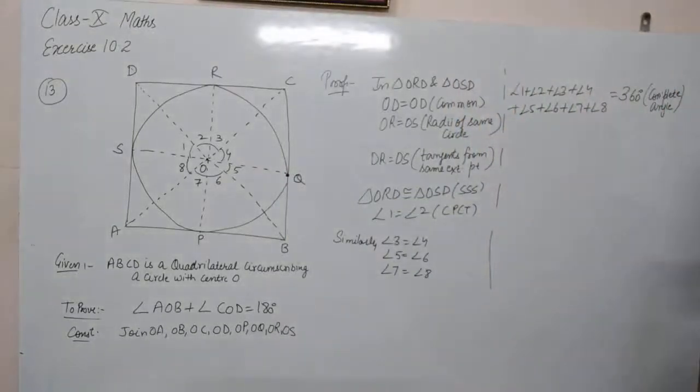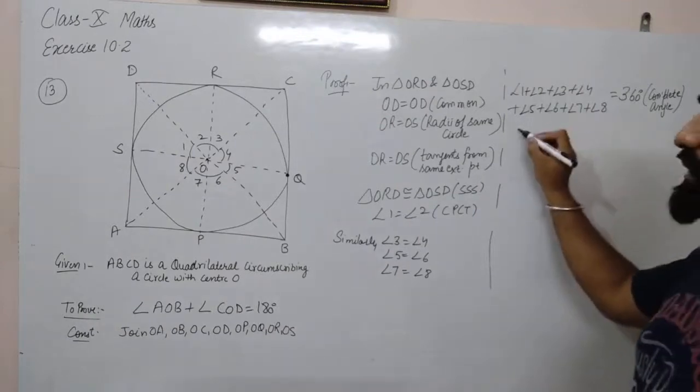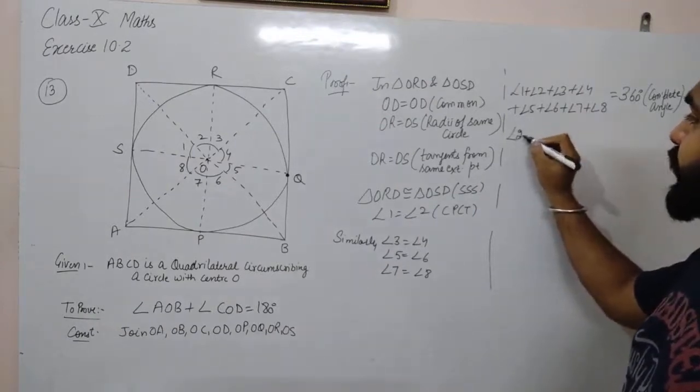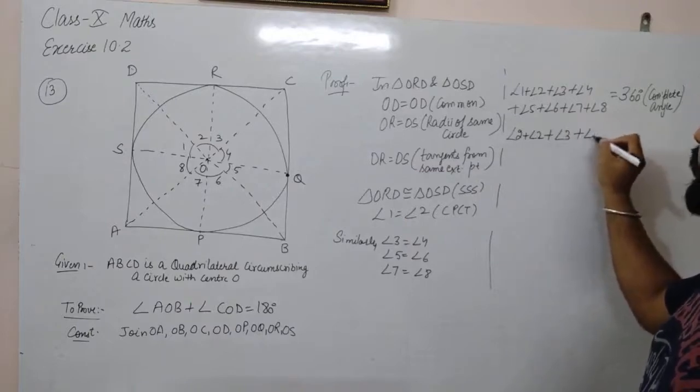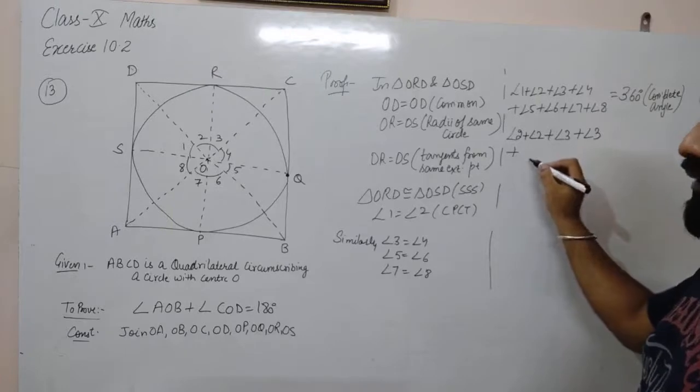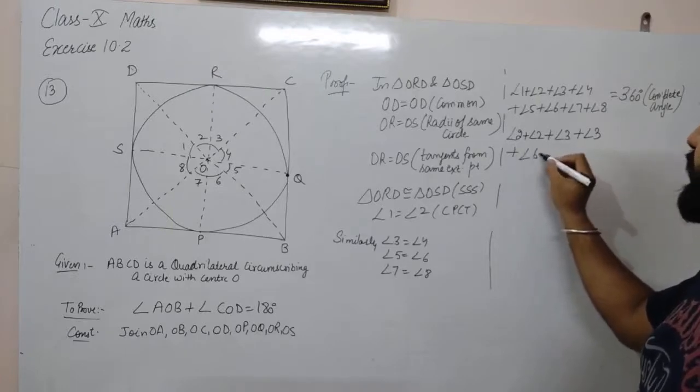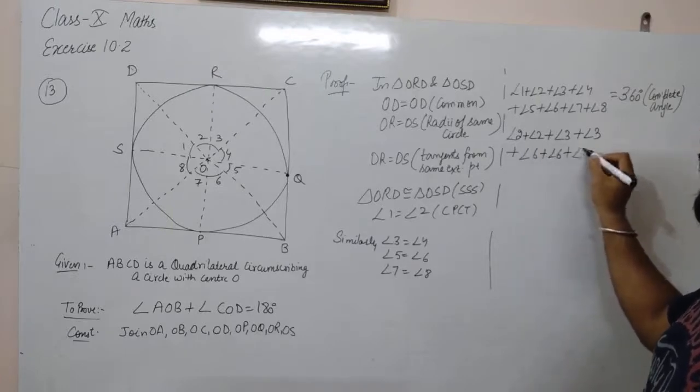Now we know that 1 is equal to 2, 3 is equal to 4, 5 is equal to 6 and 7 is equal to 8. So I will replace 1 by 2, 4 by 3, 5 by 6 and 8 by 7.